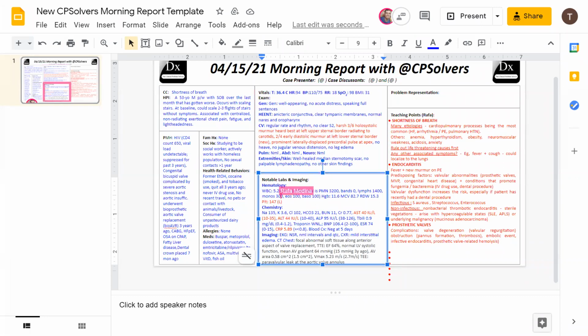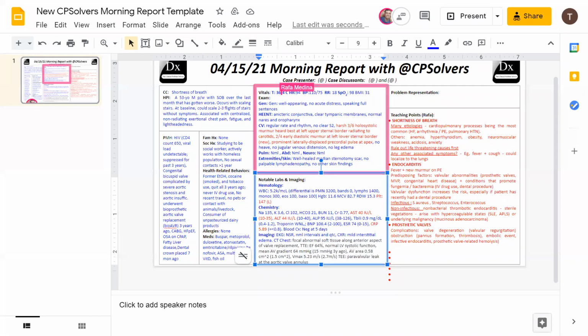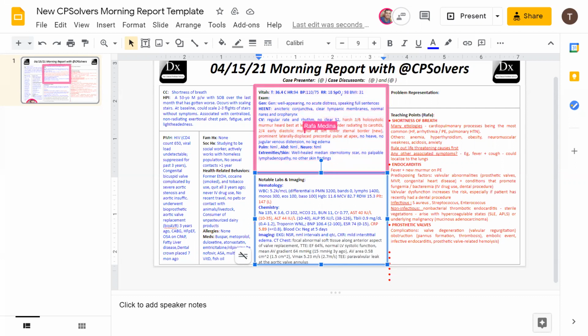Apart from that, coming to the labs, there's a CRP that is elevated. So there's an acute inflammatory process going on. Given that we have the blood culture negative, and infective endocarditis being high on the differential, this brings us to the differentials of what we call culture negative infective endocarditis.